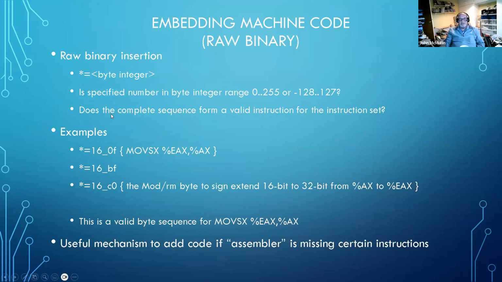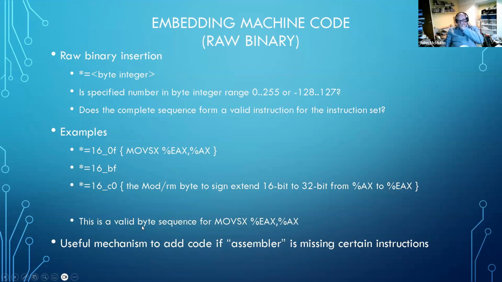You've then got to validate the sequence. Does it form a valid instruction for the instruction set? So you've got 0F, BF, and C0, which actually are the sequence to do that MOVSX EAX, AX.